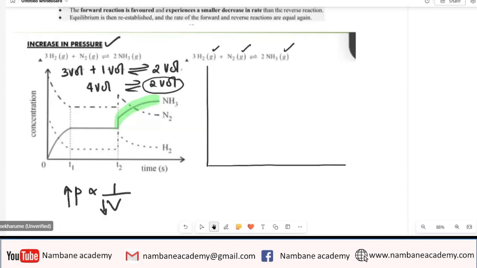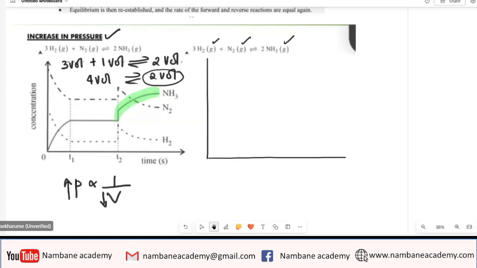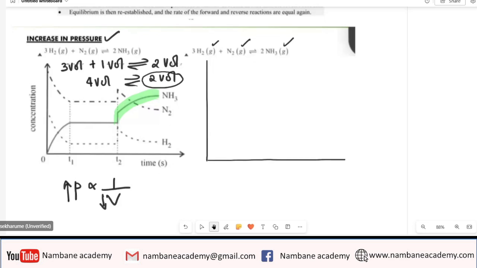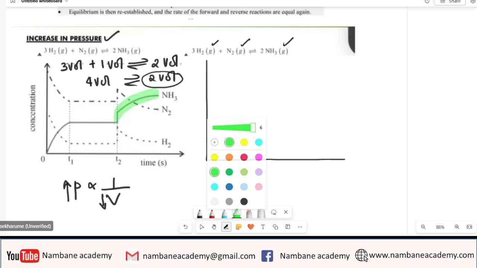So there's a first one, an increase, there is also a spike somewhere there, another spike, and also this one. I'm having 3 spikes. But which side is favored? I'm going to favor the ammonia. You'll see the ammonia is favored. What about the hydrogen? There's a decrease. There's also a decrease for nitrogen because the system favors the forward reaction.